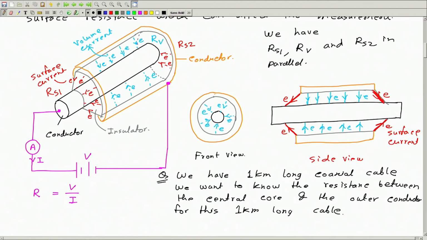But suppose we cannot. So, what do we have to do to find this answer?